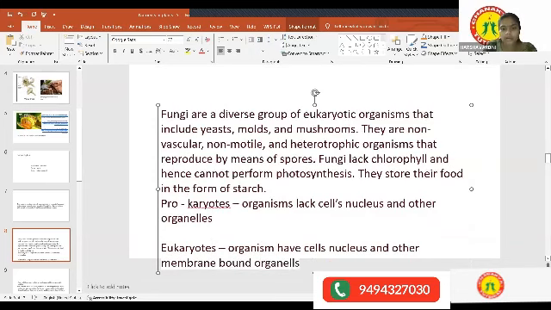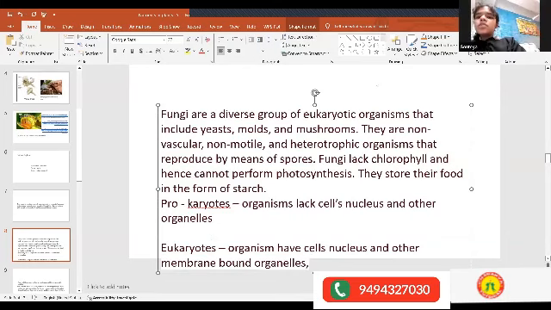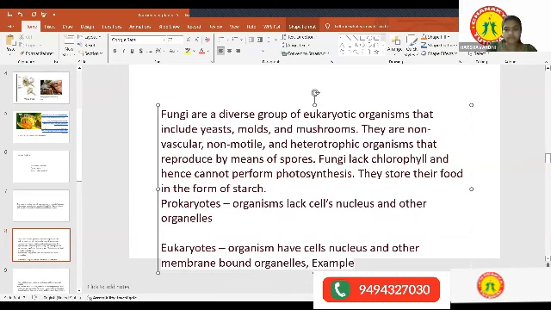So what are membrane bound organelles? Soumya, tell me what are membrane bound organelles? Example. Ma'am, what are organelles?